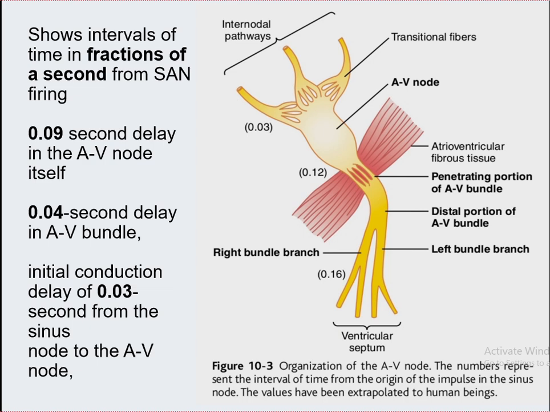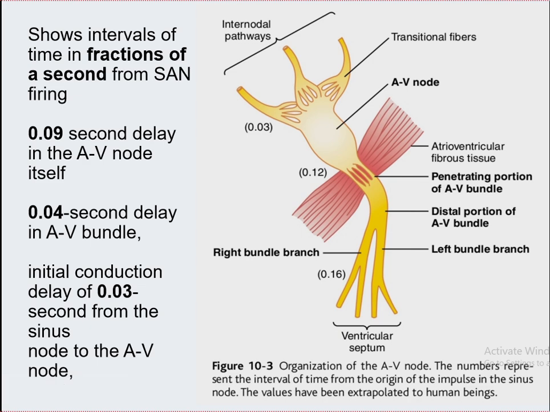This is also important, especially in understanding the ECG. When you look at this conduction system, we are going to concentrate on the part of the AV node. The impulse is coming from the sinoatrial node. These fractions you are seeing express a fraction of 1 second. The whole cardiac cycle will take place in less than 1 second, so all these phases will take place in fractions of a second.